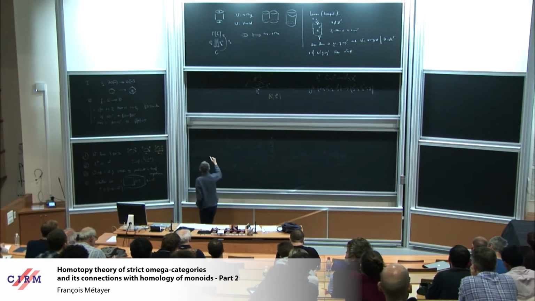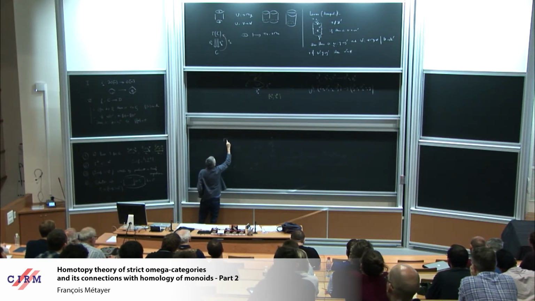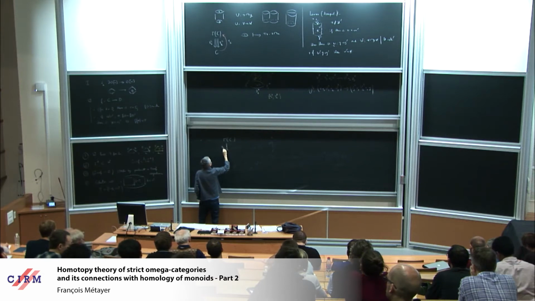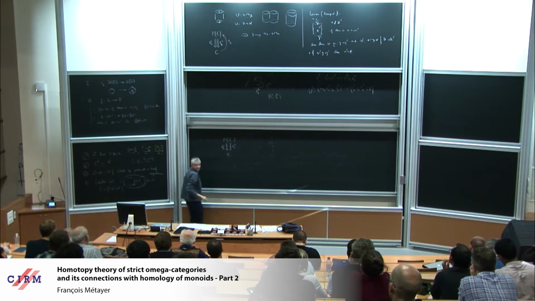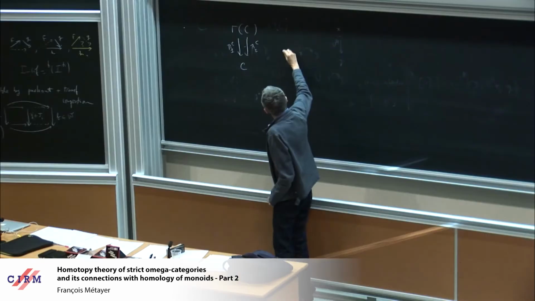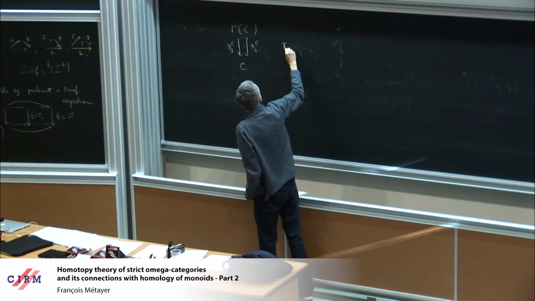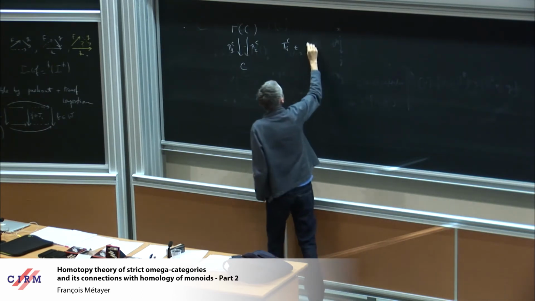First, remember that you have your gamma C, you have your projections, pi 1 C, pi 2 C over C. Both projections are trivial fibrations.